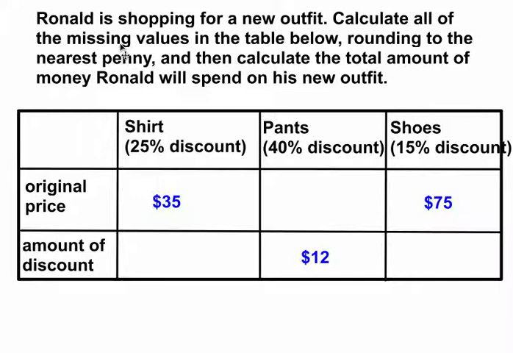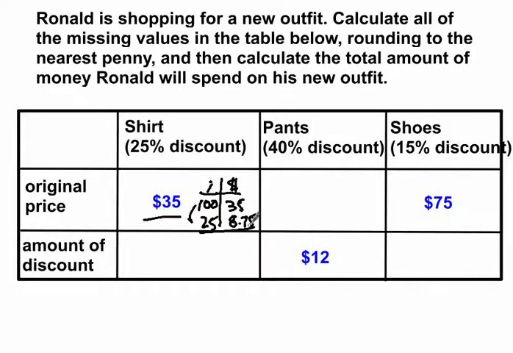So if he's buying a shirt that originally cost $35, and he's getting a 25% discount, I'm just going to do a quick table over here. 100% discount, if he was getting it for free, would be $35. He's getting a 25% discount. So let's divide 35 by 4, because we need to divide 100 by 4. 35 divided by 4 is equal to $8.75.